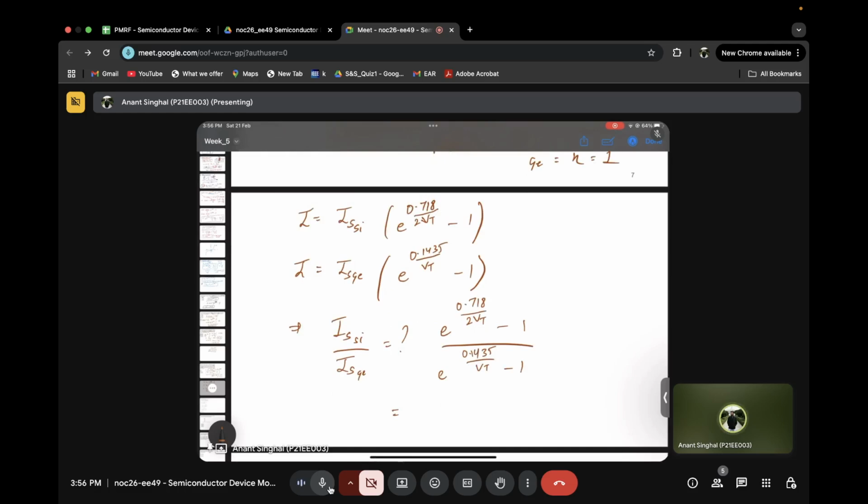So I'll neglect the 1 because the exponential terms are anyway very high. So it will be exponential of 0.359 minus 0.4135 over VT, and VT I can write as the direct value 0.026.